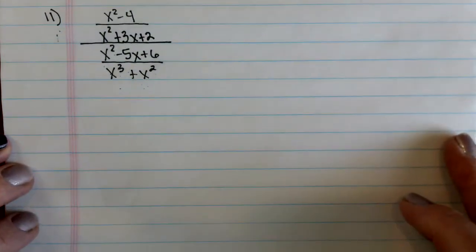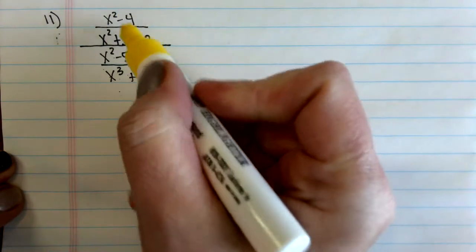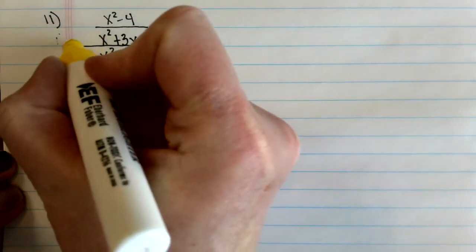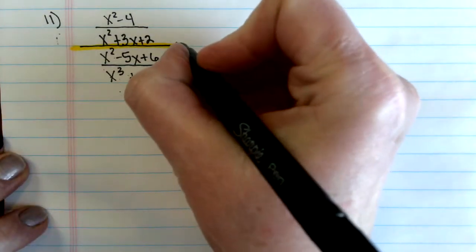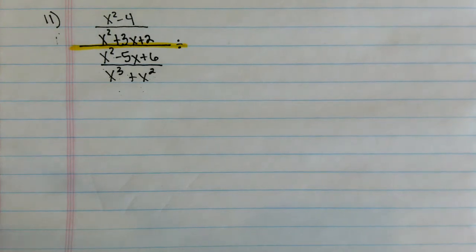And last problem of the day looks like this. So we have a fraction on top of another fraction. What I want to draw your attention to is that this is the one big fraction that is separating the top half from the bottom half.